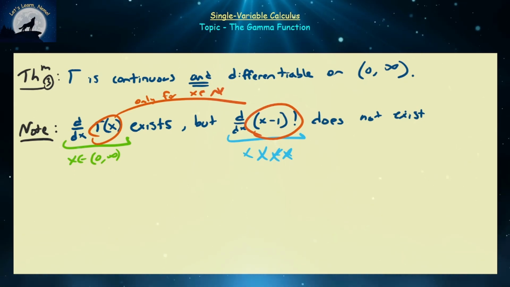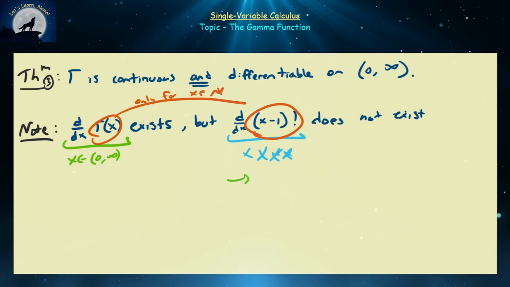It's not defined. Now you can extend factorials into gamma, but there's infinitely many extensions of factorial, not just gamma. For example, you can do linear extrapolation of those points for factorials. It's not differentiable, but at least it's continuous, right? So why does the derivative of x factorial not exist?